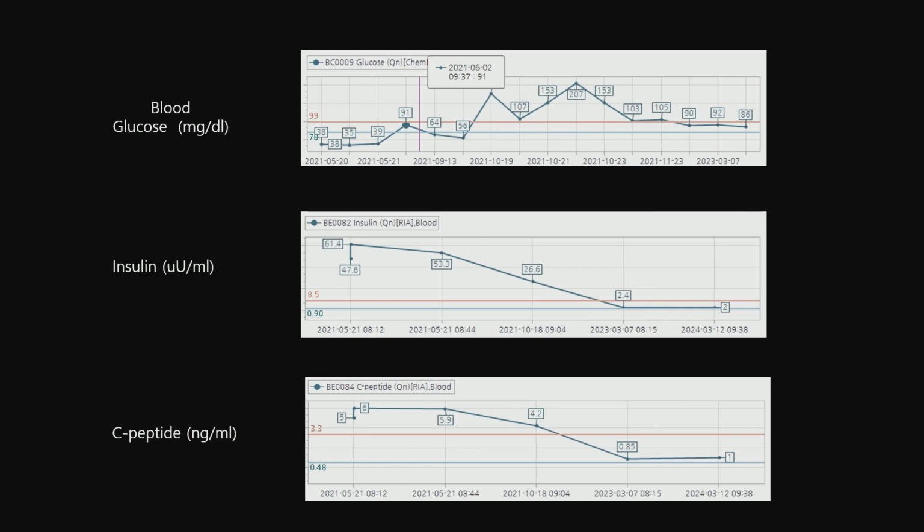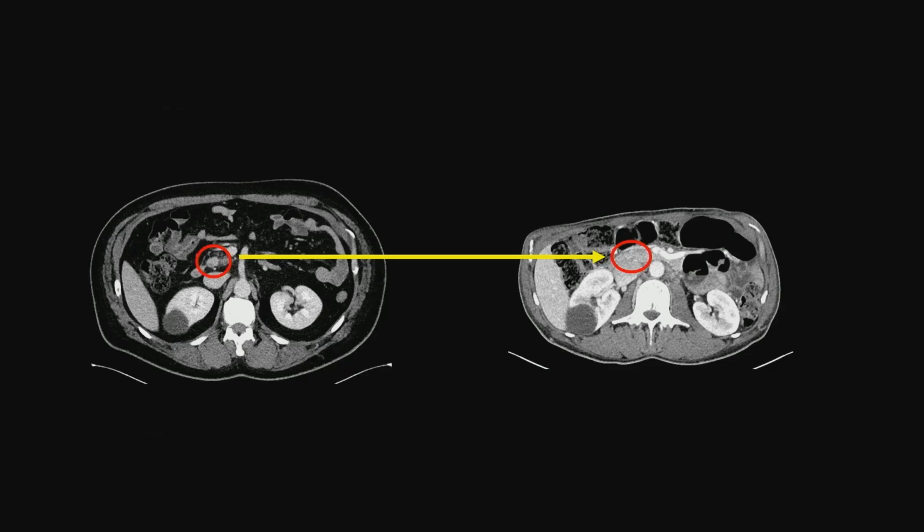After RFA, the patient's blood glucose level increased dramatically, and insulin and C-peptide dropped down. The patient became symptom-free. This CT follow-up shows complete disappearance of the insulinoma.